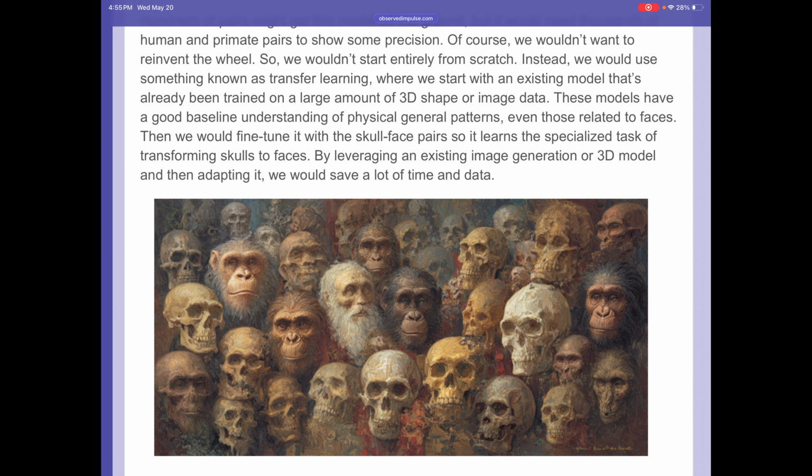Then we would fine-tune it with the skull-face pairs so it learns the specialized task of transforming skulls to faces. By leveraging an existing image generator or 3D model and then adapting it, we could save a lot of time and data.